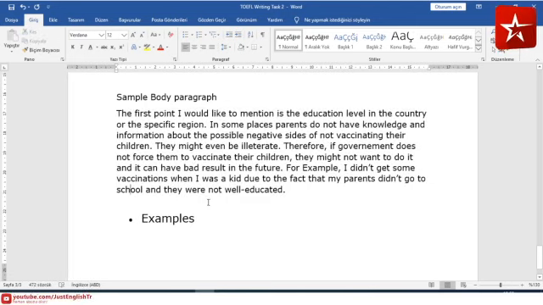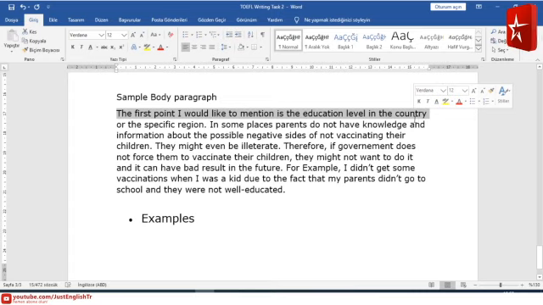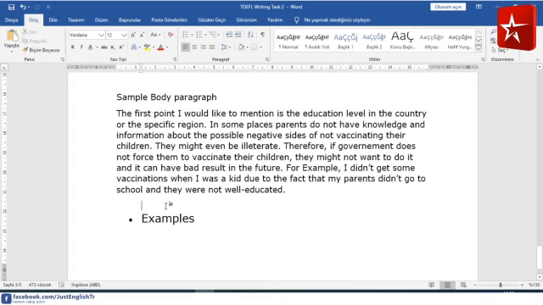Now, one thing that I want to teach you also is here. This is a very good beginning of body paragraphs. The first point I would like to mention is blah, blah, blah. What we can do here, you can write this kind of sentence in many different ways.